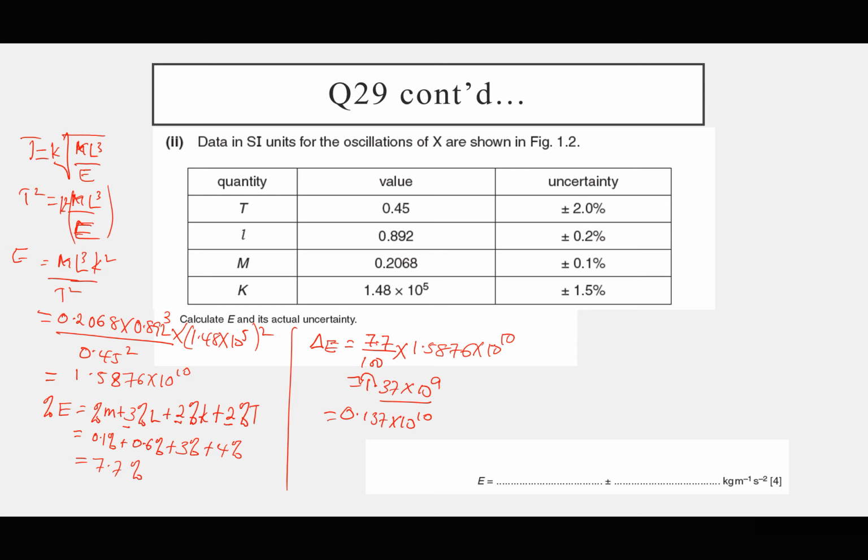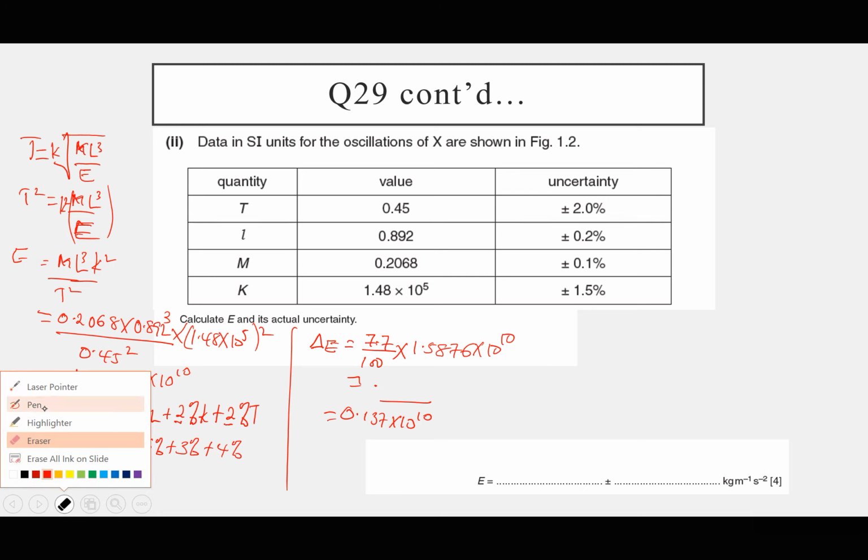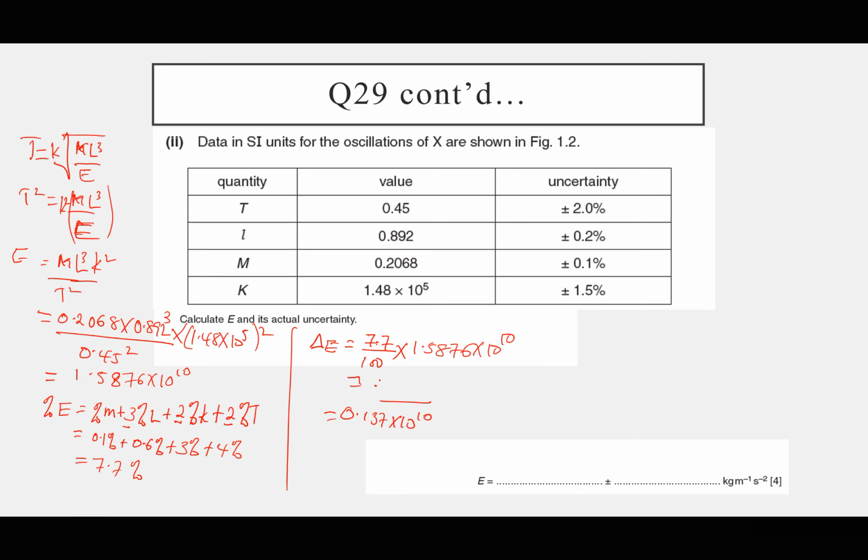So this is giving me 1.22. So I have to change this again. 1.22 times 10 power 9.